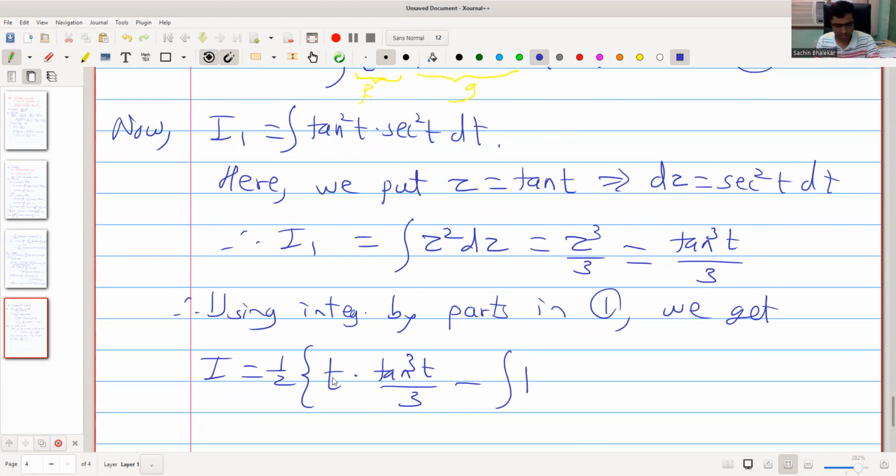I'm writing 1 by 3 outside, tan cube t by 3 dt. Of course there will be plus c.